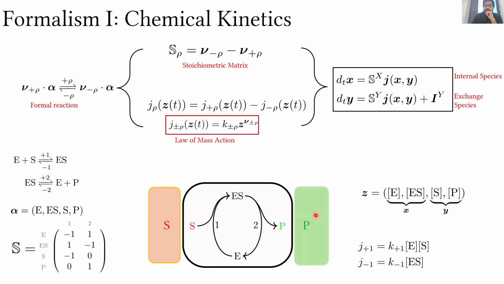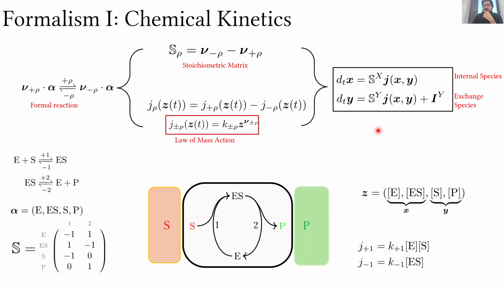Coming to the kinetics, we are of course interested in how the concentrations evolve. We collect the concentrations into this vector Z, and we split the vector Z into two subvectors, X and Y. The X species change only due to chemical reactions, and you can see here that the species E and ES change only due to reactions. Whereas the Y species, which are S and P, change due to reactions and due to exchanges.